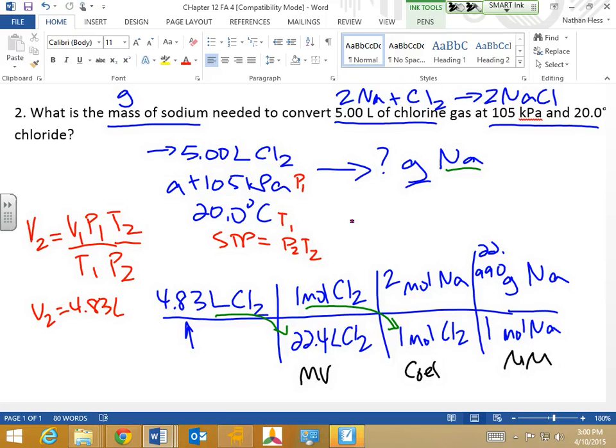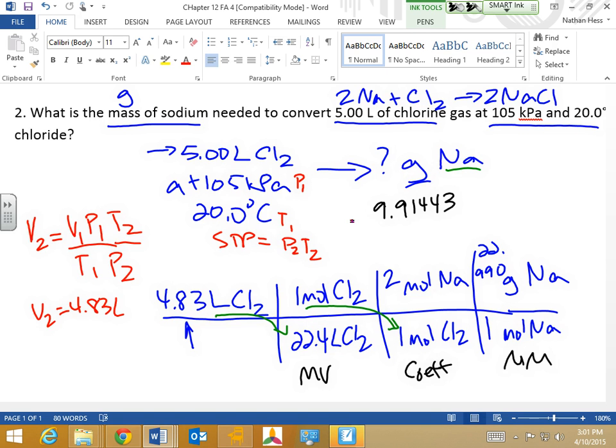This was my coefficients tool, and so I pop it in my calculator. 4.83 times 2 times 22.990. I divide that number by 22.4, and I get 9.91443.